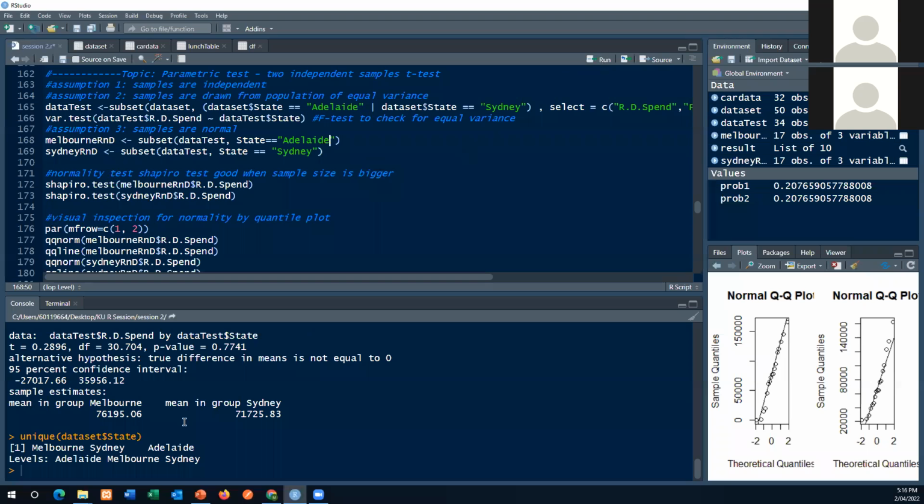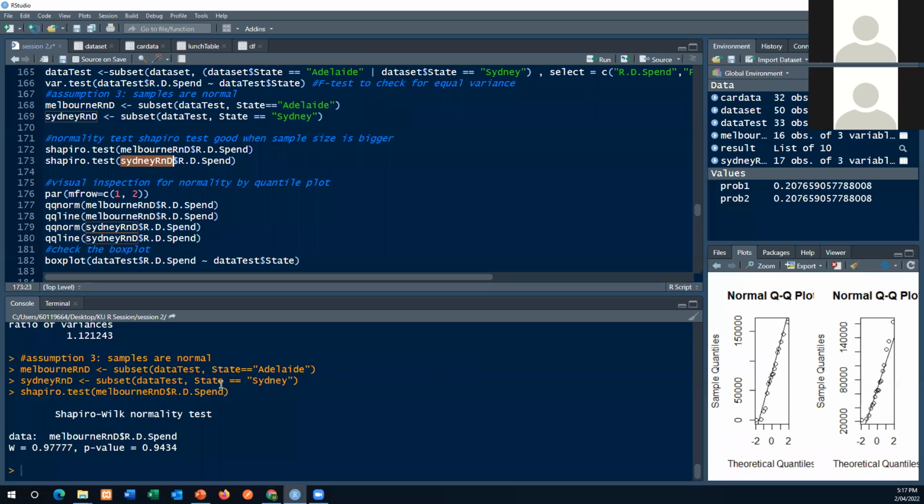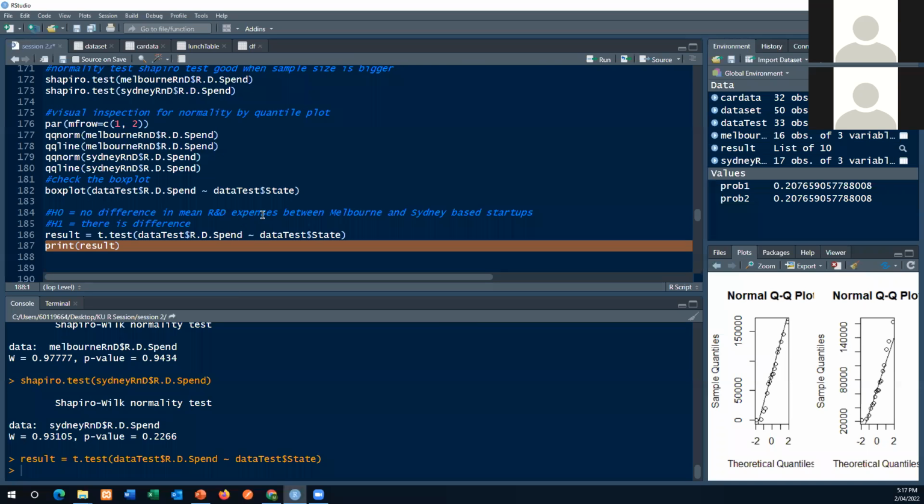Yeah, normal. Yeah, same normal. Then test it. What is the p-value? The p-value is still higher, 0.53. That means there is no significant difference in R&D expenses irrespective of their state, but we get a different p-value than the previous one.